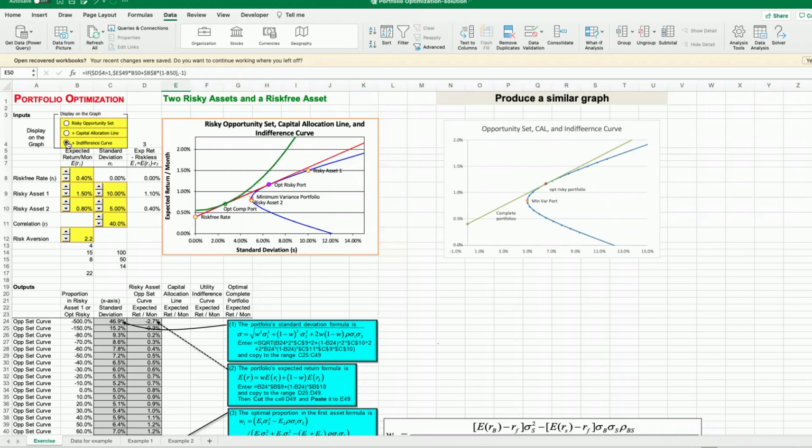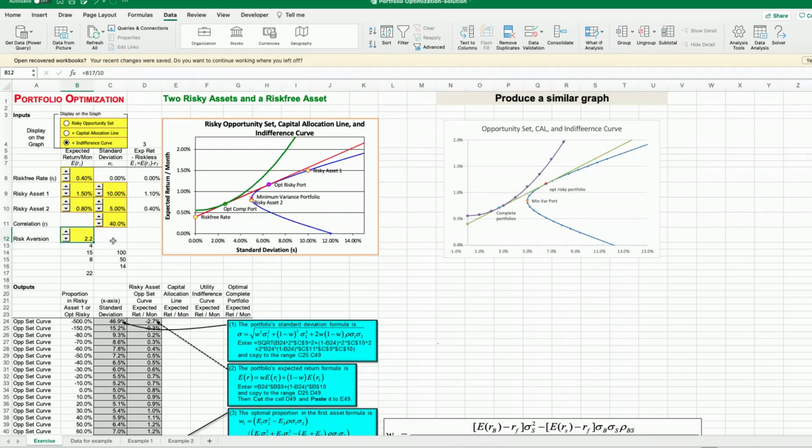So the next step is, we want to help our clients and investors determine which position they are in along this capital allocation line. So we want to understand their indifference curve. We want to understand their utility function. So this risk aversion level will be something you want to assess through some survey for the investors. You're not asking directly what their risk aversion level is.